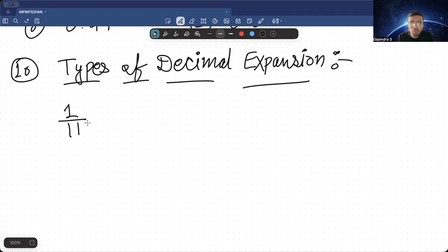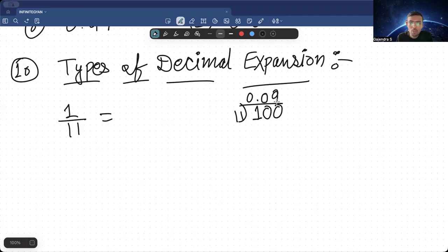To convert it into decimal form, what you will be doing is we'll write 1 and 11 here, not divisible. Write down point 1 0, still not divisible. Write 1 0 and 1 0 over here.